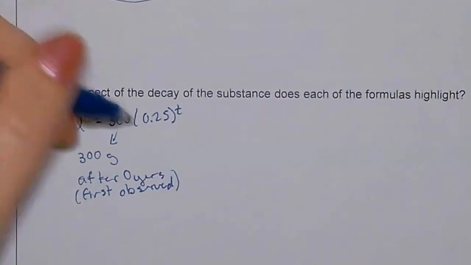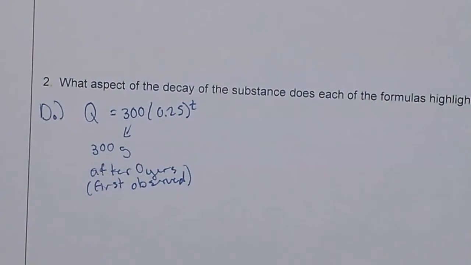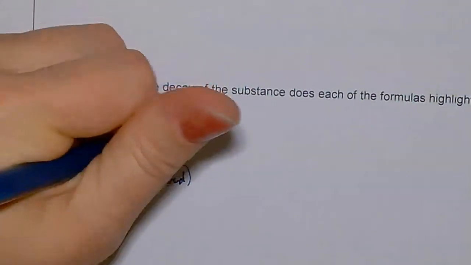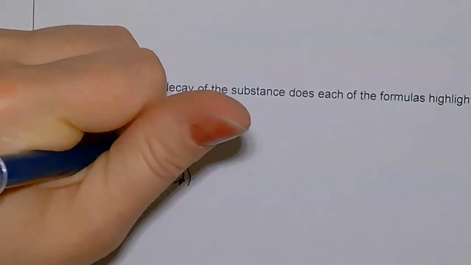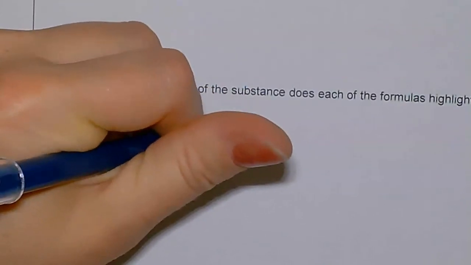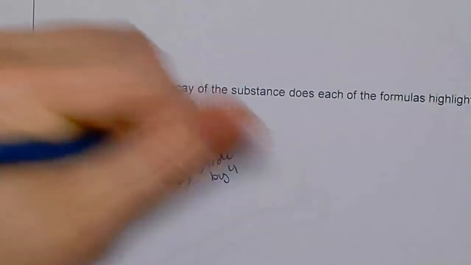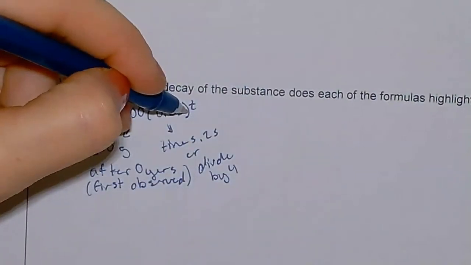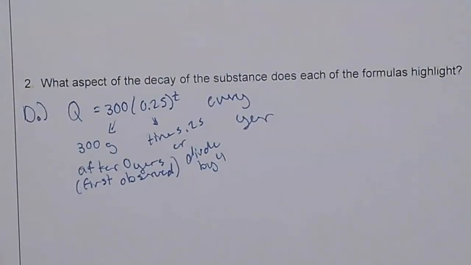Okay, 0.25, that means that every year it multiplies by 0.25, which is the same thing as a quarter, right? 1/4 every year. So I'm seeing that as divides by 4 every year. So you could say times 0.25 or divide by 4. And then the fact that this just says to the t power means it does it every year.